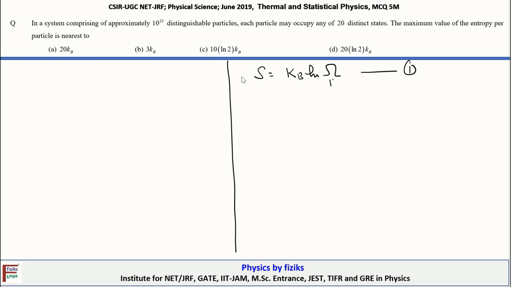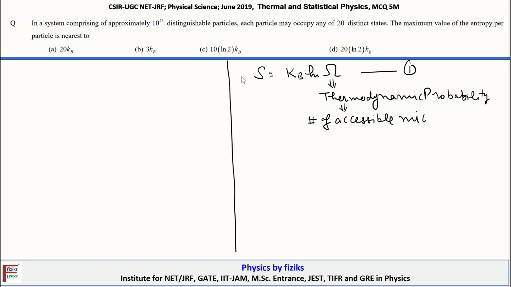Here omega is basically the thermodynamic probability of the system, or also we call this the number of accessible microstates to a system.